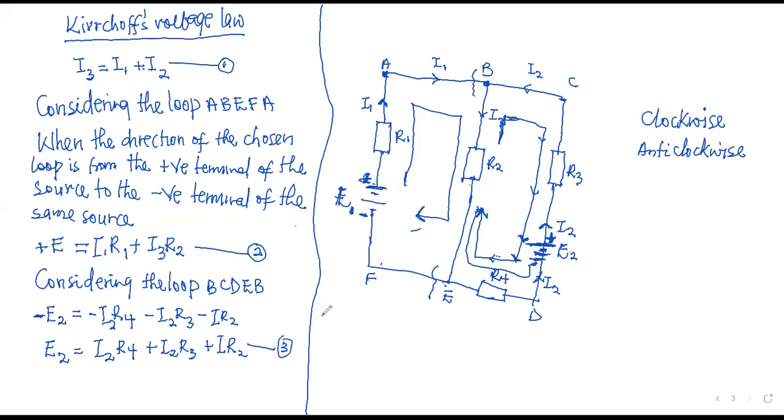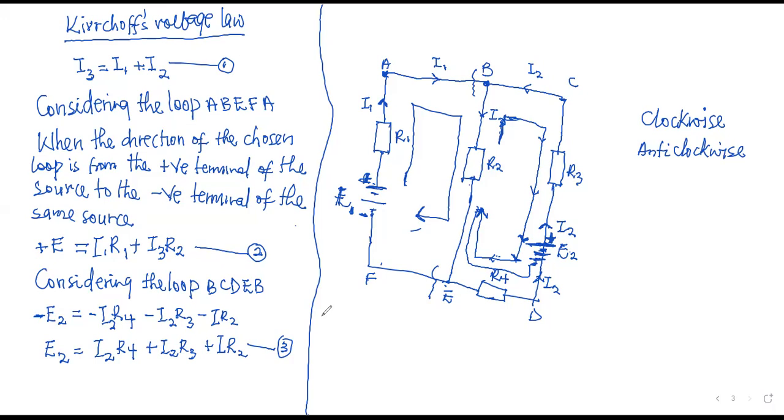Kenneth, ask your question. Considering the loop, could you have also made it B, E, D, C, B? So Kenneth, you can go clockwise, you can go anti-clockwise.